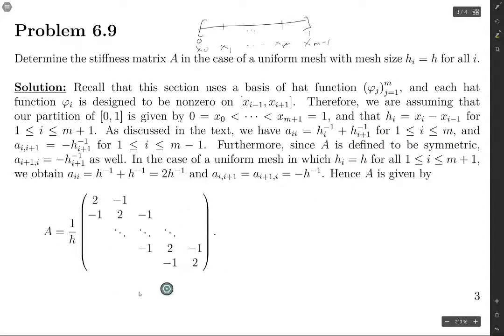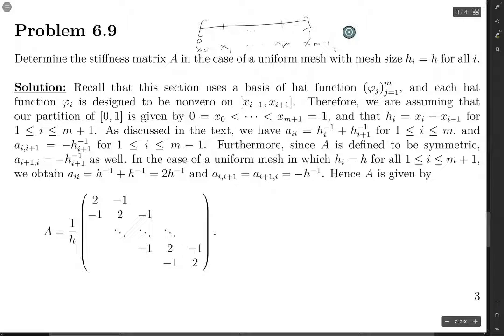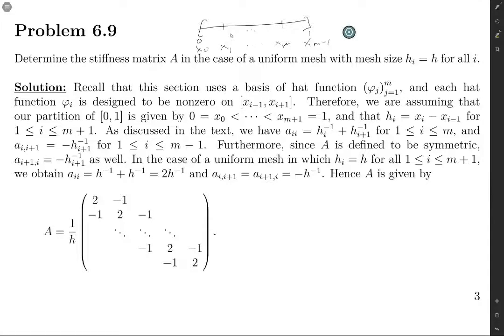So this is an m by m matrix, because you've got m hat functions. Because you've got m plus 2 points, each hat function is defined by the center of the hat.